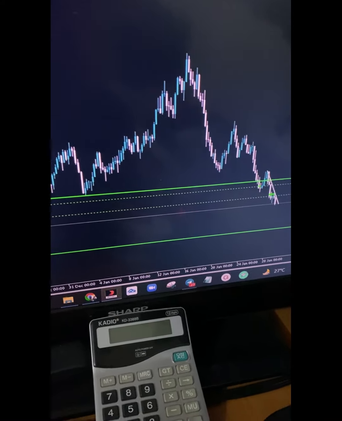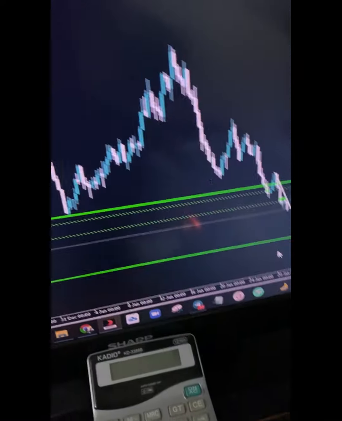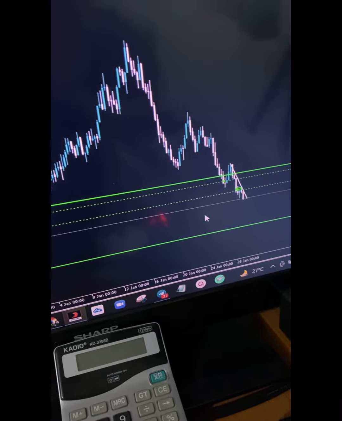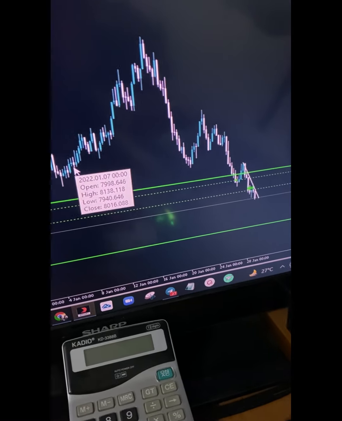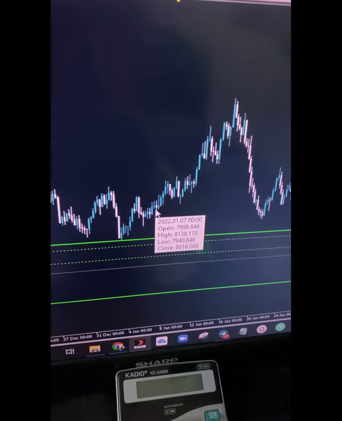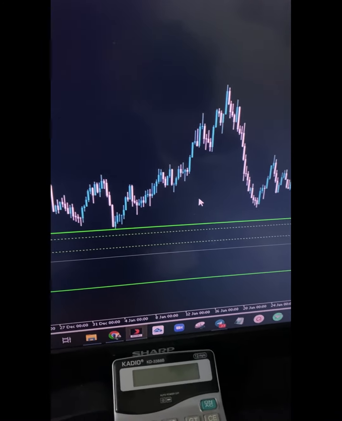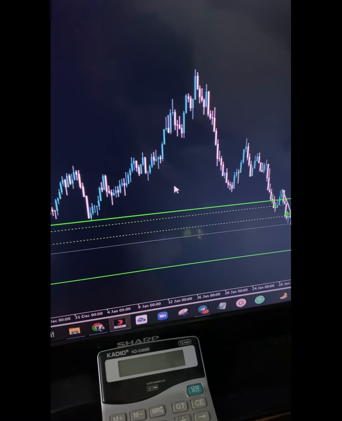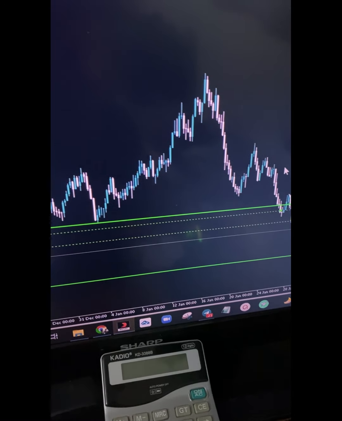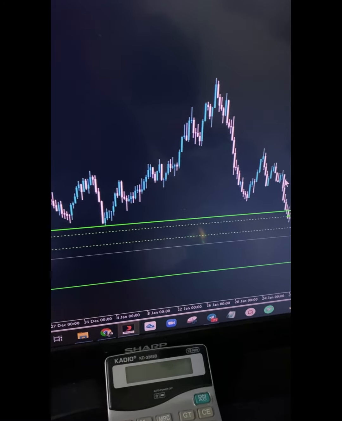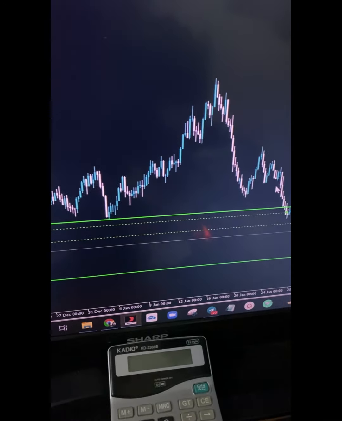Currently, I'm on this Crash 300 market. I've been riding on it for quite a couple of hours now, and I just need to show you guys some certain things, because for the strategy video that I posted last, I got a lot of questions, and I want to use this opportunity to answer those questions and clarify things, so that while you're working with this strategy you'll be able to understand fully what you're doing in the market.